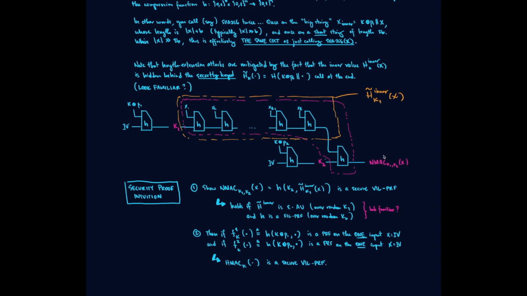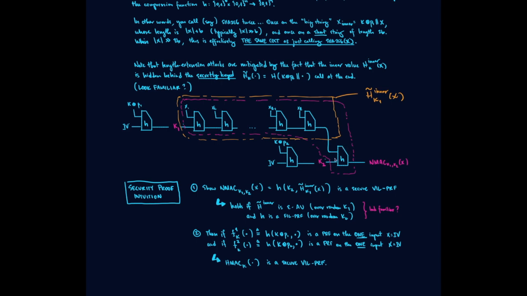NMAC is a good variable input length PRF if this H tilde inner thing is epsilon almost universal over a random choice of K1, and this last compression function call is a good PRF when secretly keyed through this wire here with a random key K. It's a B-bit to N-bit mapping where the key is N bits long.